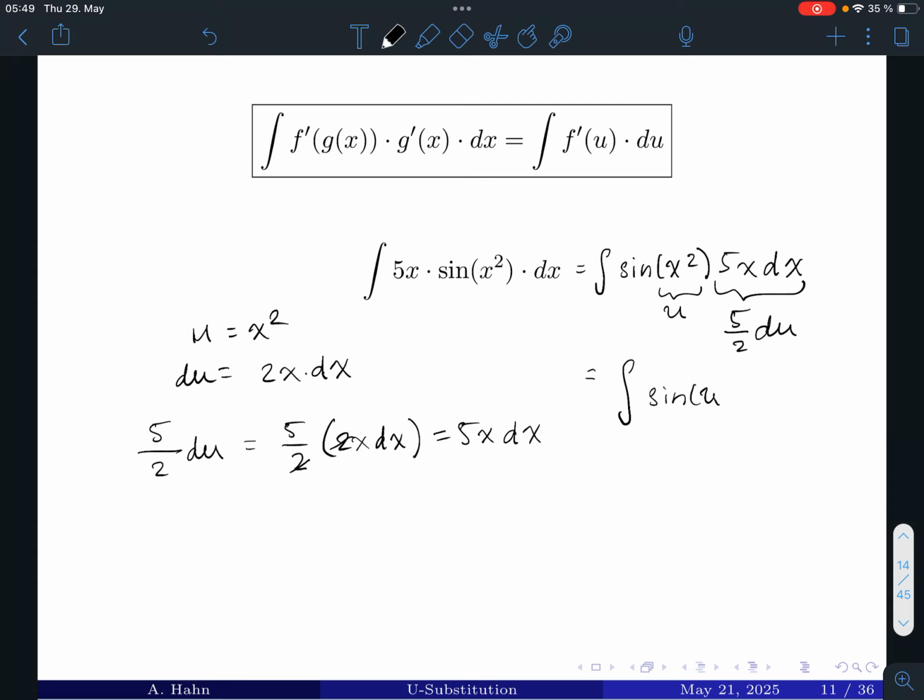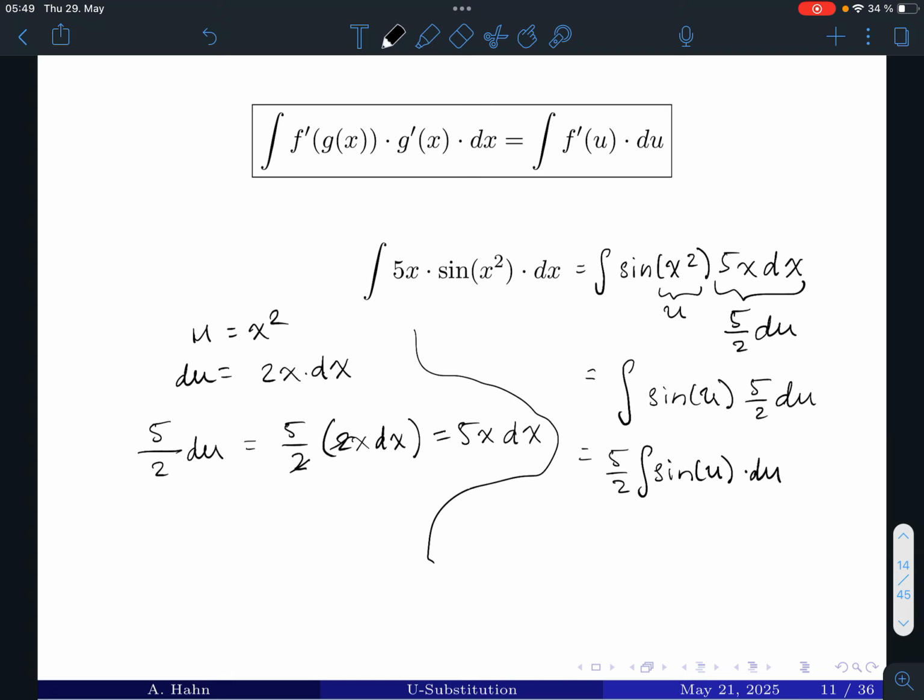And so then this integral can be rewritten as sine of u times 5 over 2 du. Great. And then we can pull out the constant. We can pull out the 5 over 2. So then this is going to be 5 over 2 times the integral of sine of u du.